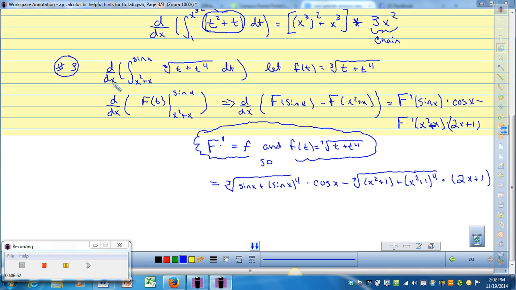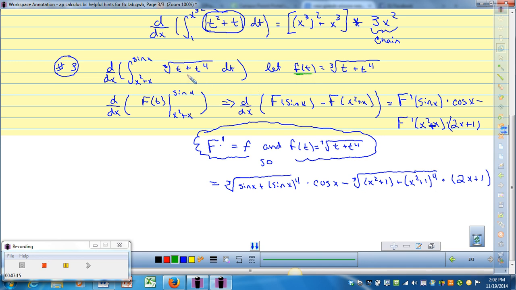We're doing the derivative with respect to x of the definite integral from x squared plus x to sine x of the function cube root of t plus t to the fourth. So to help us a little bit on this one, let's just call the cube root of t plus t to the fourth f of t.